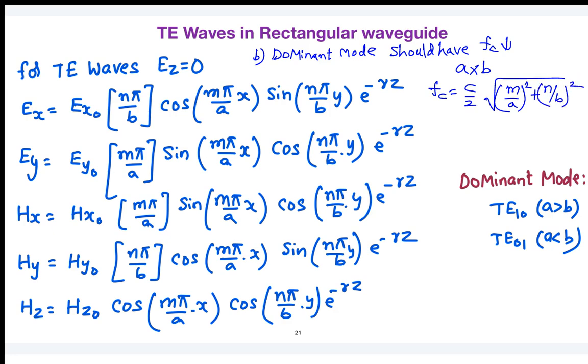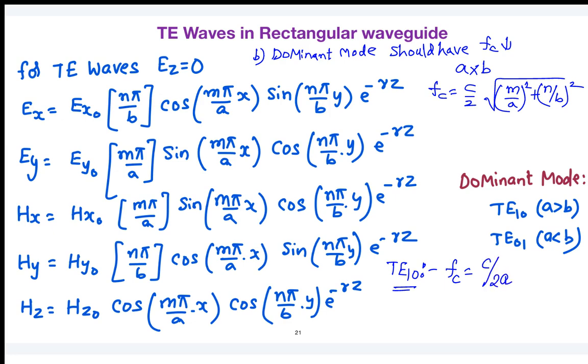So for a TE10 mode, what is the cutoff frequency you are going to get? Substitute m is equal to 1 and n is equal to 0. You are going to get the cutoff frequency as c by 2a.